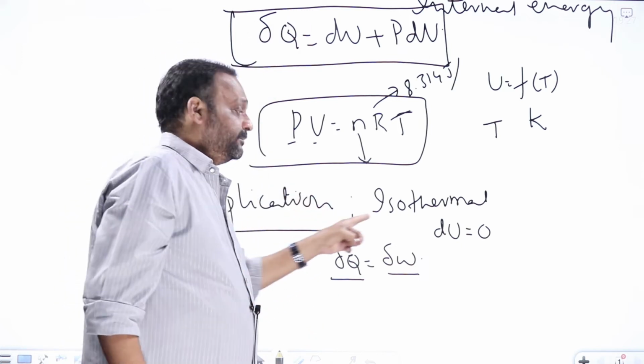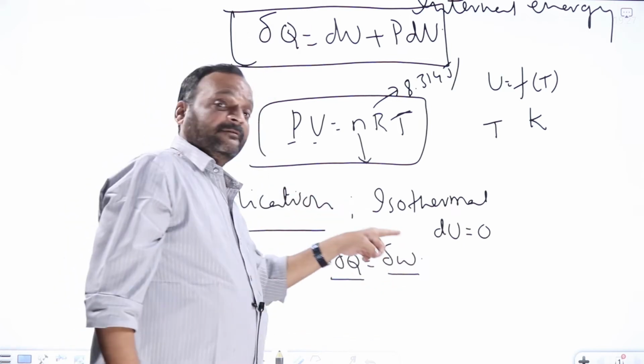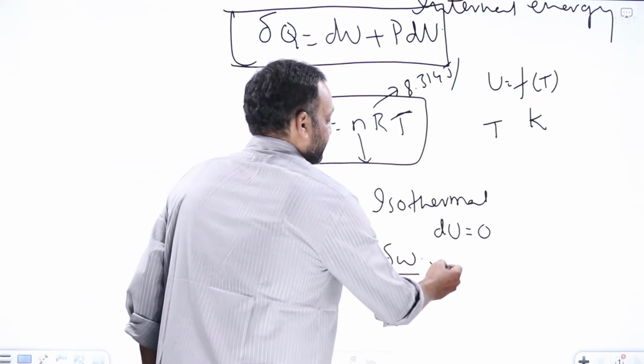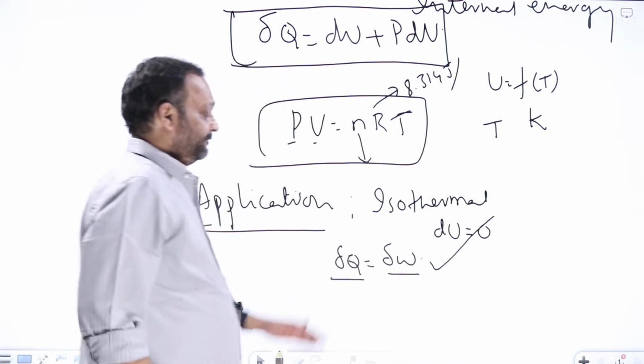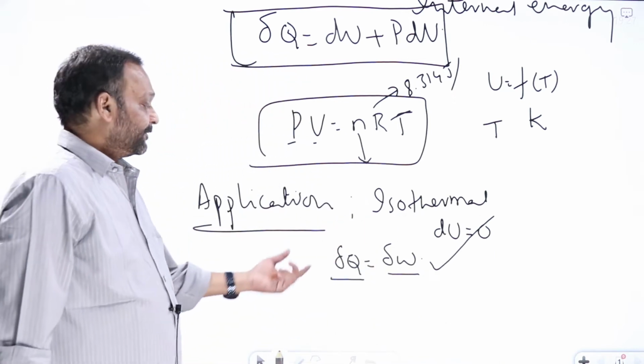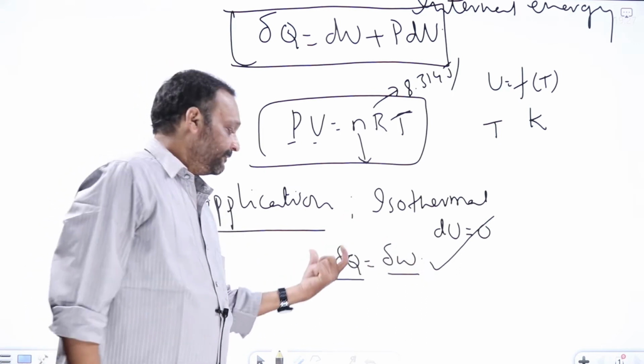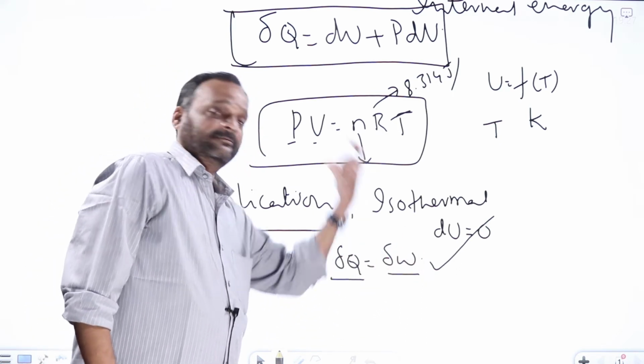So this is one process in which we can try to operate a heat engine. We should keep this in mind. So an isothermal process is suitable for a heat engine, where the entire heat will get converted into work.